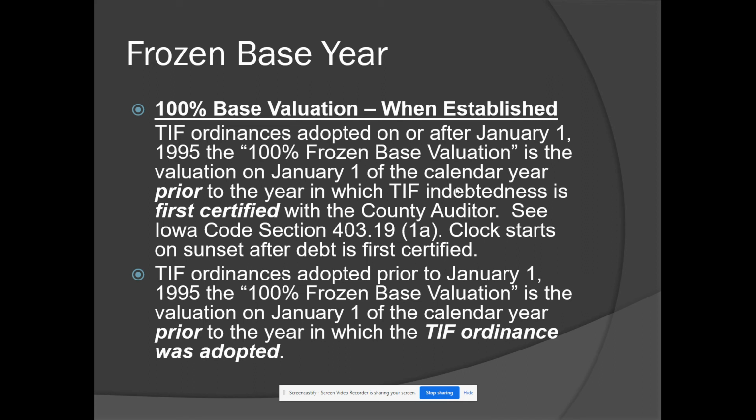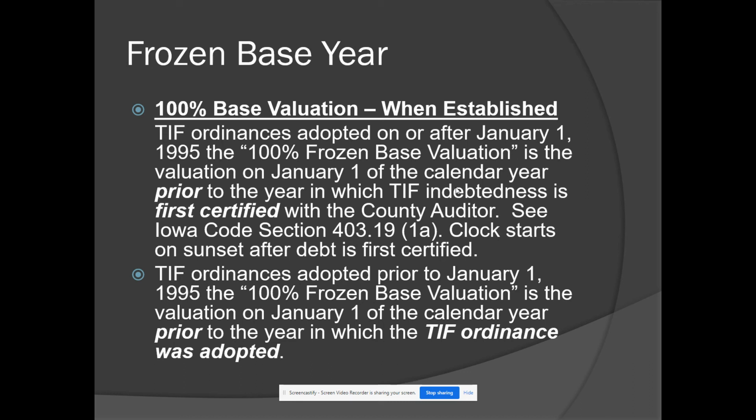So the frozen base year for those TIF ordinances that you see now, basically anything that was adopted after January 1 of 1995, is the valuation on January 1 of the calendar year prior to the year in which TIF indebtedness is first certified with the county auditor.